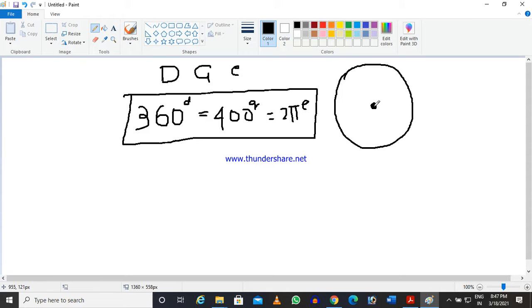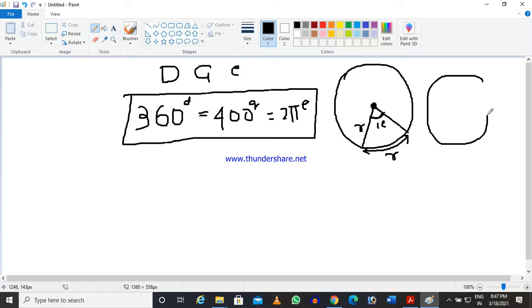And what is 1 radian? Simple. If this is 1 radian, and this is the radius of the circle, then this arc length should also be equal to the radius of the circle. Then the angle made is called 1 radian. And you should remember one more thing.